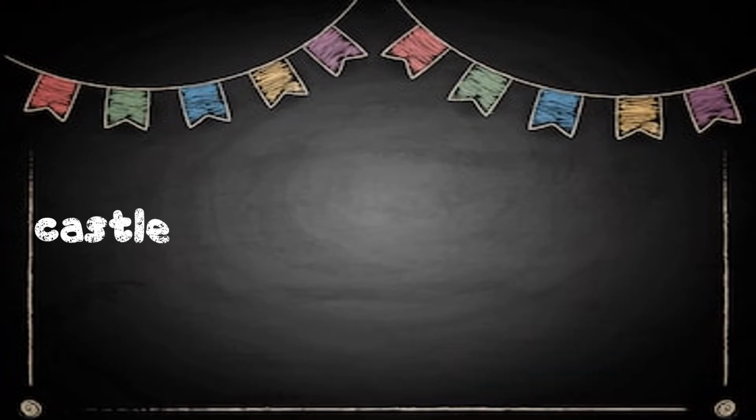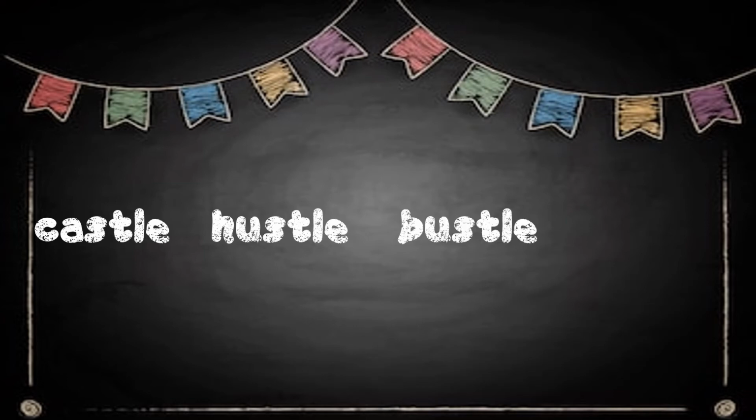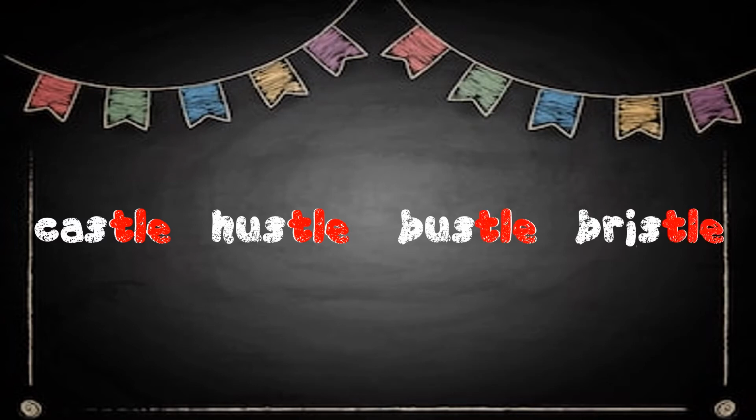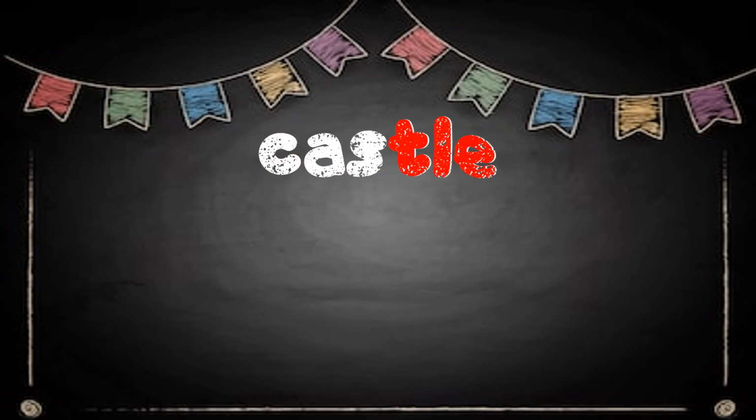Now, let's look at some final stable syllable words that are a little bit different than the ones we have been talking about. Let's look closer at the word castle. How do we code a final stable syllable?